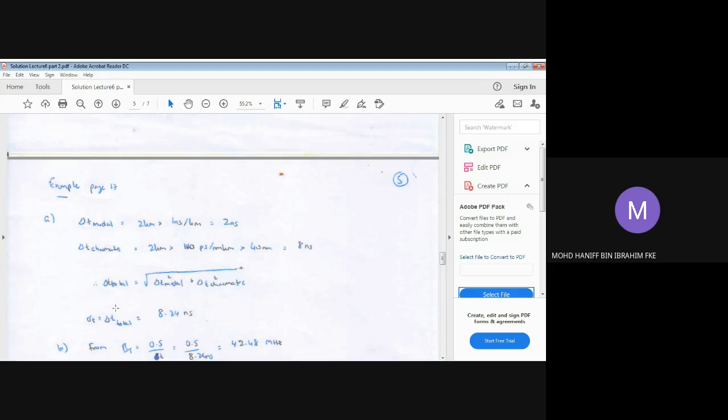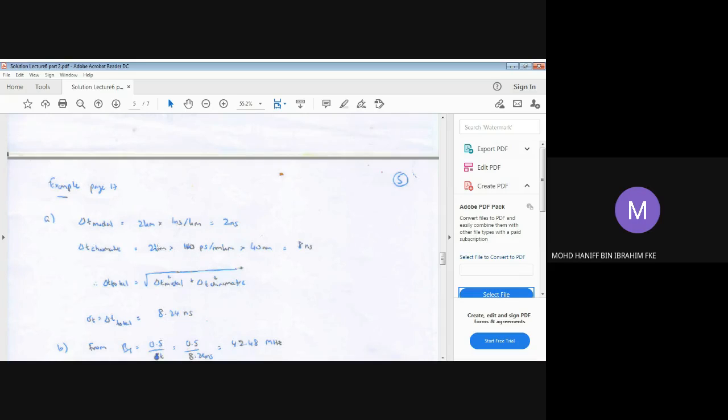For the chromatic dispersion, the pulse spread is 2 kilometers multiplied by 100 picoseconds per nanometer per kilometer, which is your parameter, multiplied by the line width of 40 nanometers. So we get 8 nanoseconds. Remember where these equations come from: D_m multiplied by L multiplied by Δλ.